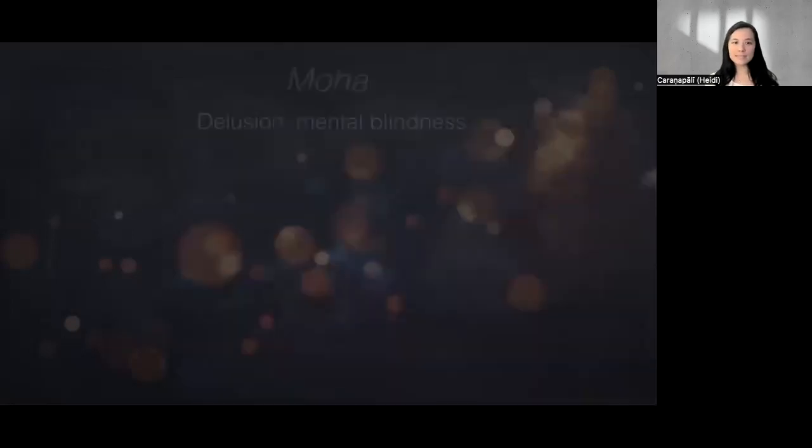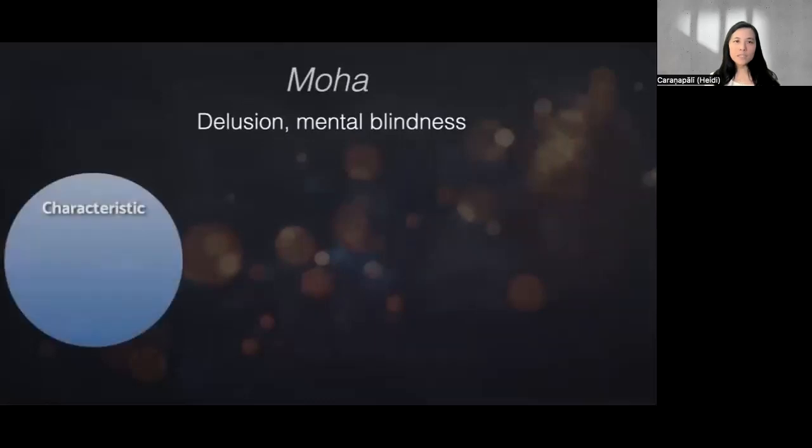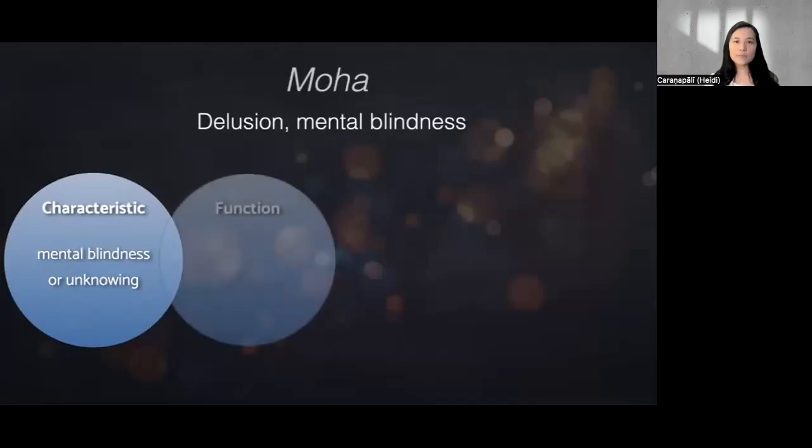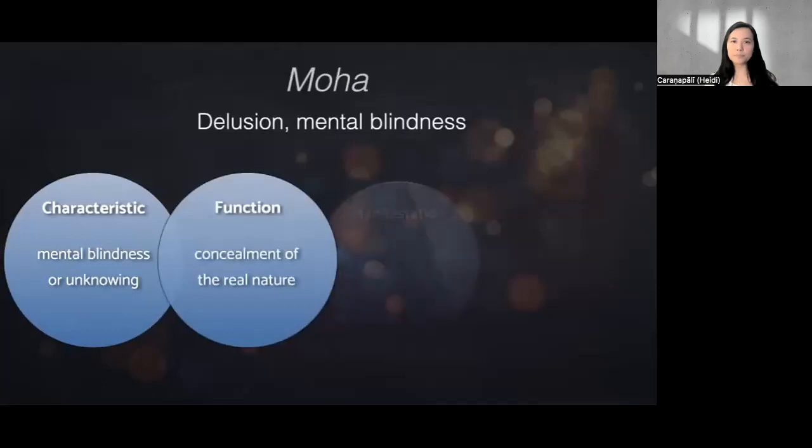So let's see its characteristic. The characteristic of moha is mental blindness or unknowing, that means not knowing or not understanding the true nature of things. Sometimes it may understand something, but it understands it in a wrong way. Its function is to conceal the real nature, so it does not let one see what the real nature is.